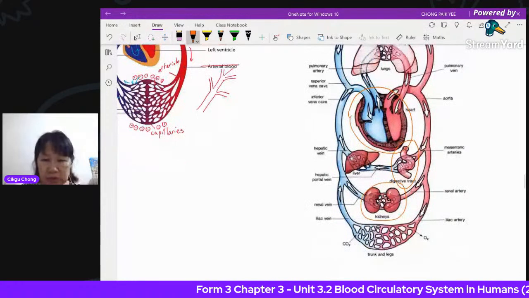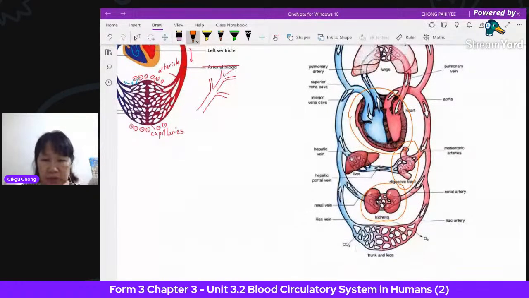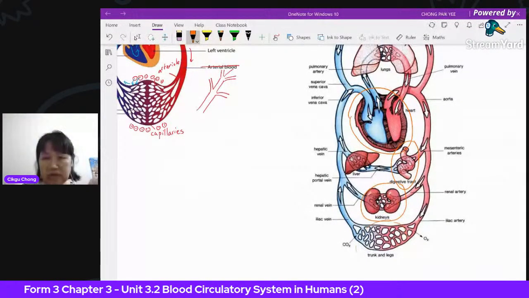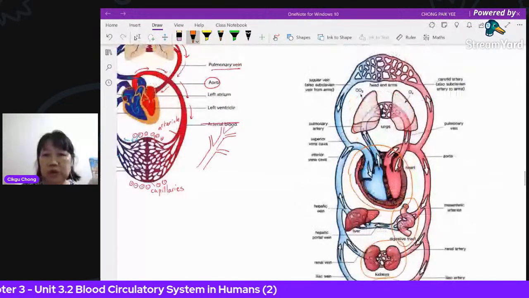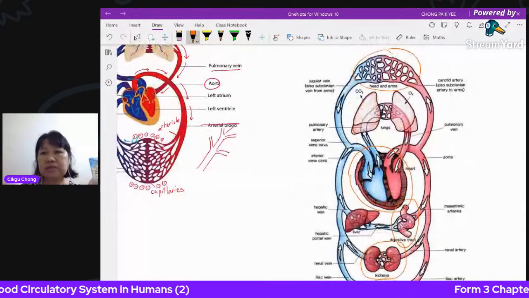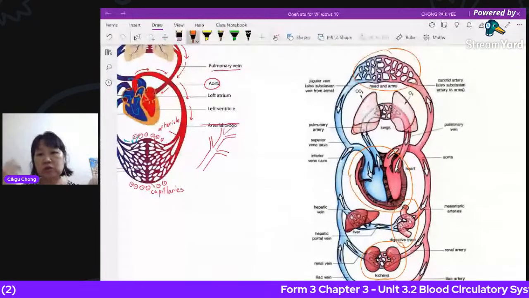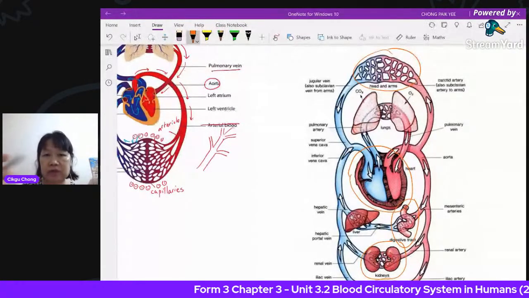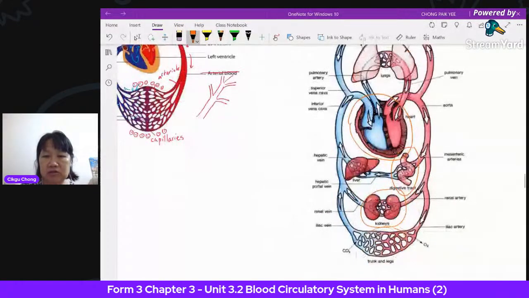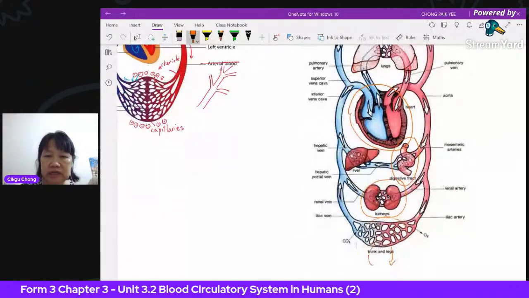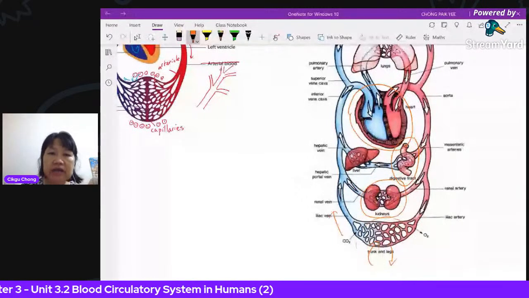Okay, so in the kidneys here, this is your body cells everywhere, somewhere else. Then it also goes to your head. Don't forget, up here also, the blood can travel to your head and your arms. Up and down, everywhere. Then after that, the oxygen goes out, carbon dioxide goes in, and then now it carries back to the heart.